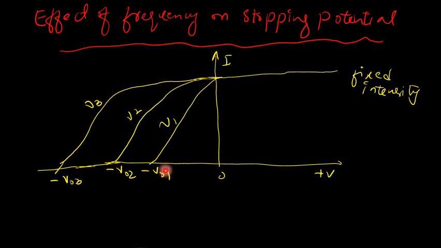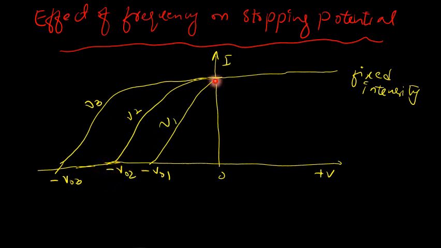When we repeat this experiment with frequency mu2 and increase the retarding potential, the photocurrent becomes 0 at stopping potential minus V0 2.